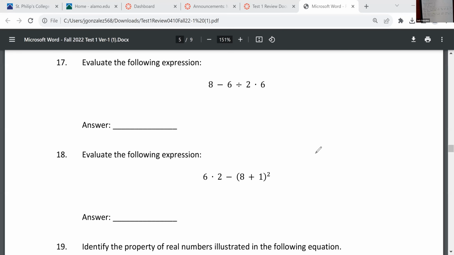Multiplying and division have the same rank. Can we do either one first? Yes, but stick to the left to right rule. So left to right, the first thing I see is a division, which has higher priority than the subtraction. 6 divided by 2 is 3.